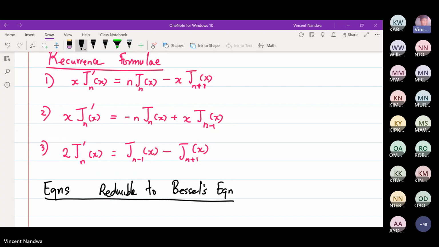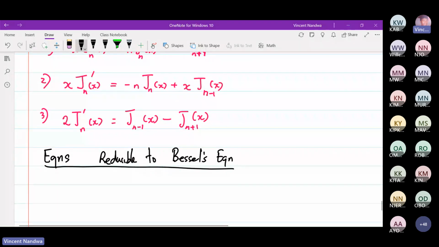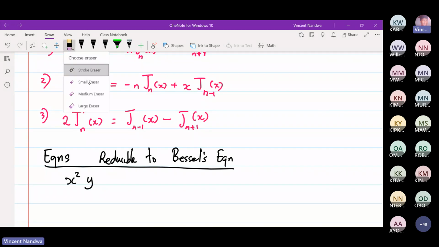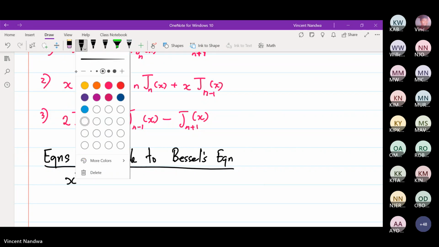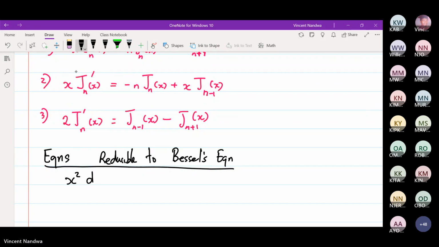There are many which can be transformed into the structure of the Bessel differential equation, but I'll pick this case. If we have x squared d squared y over dx squared plus x dy/dx plus (k squared x squared minus m squared) y equals 0.